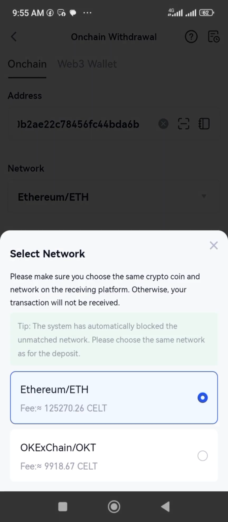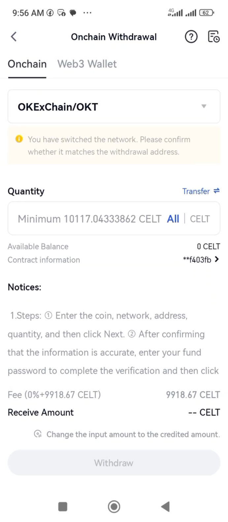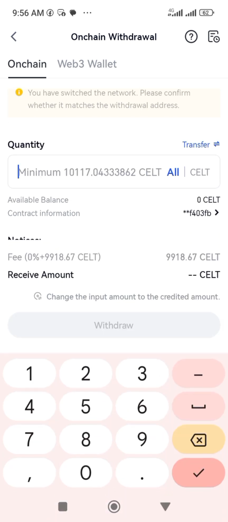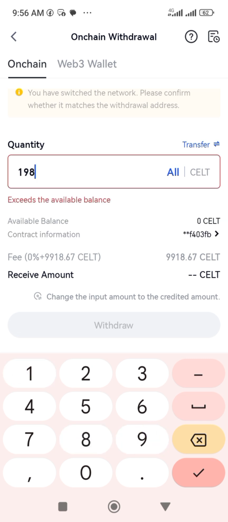You can see get.io is actually supporting Ethereum and OKT wallet. So we are going to use this one, OKT. Now click on it. Once you select it, you now enter how much you want to withdraw to your Mexi.